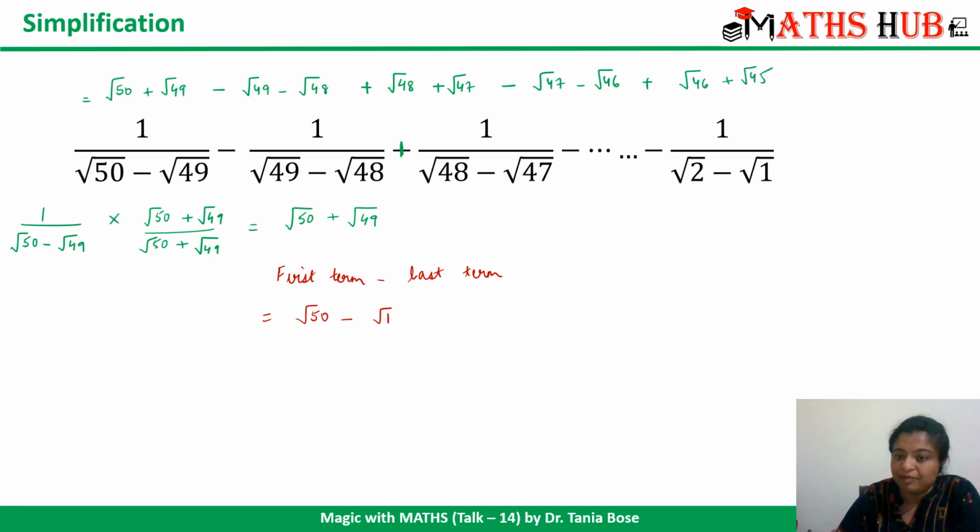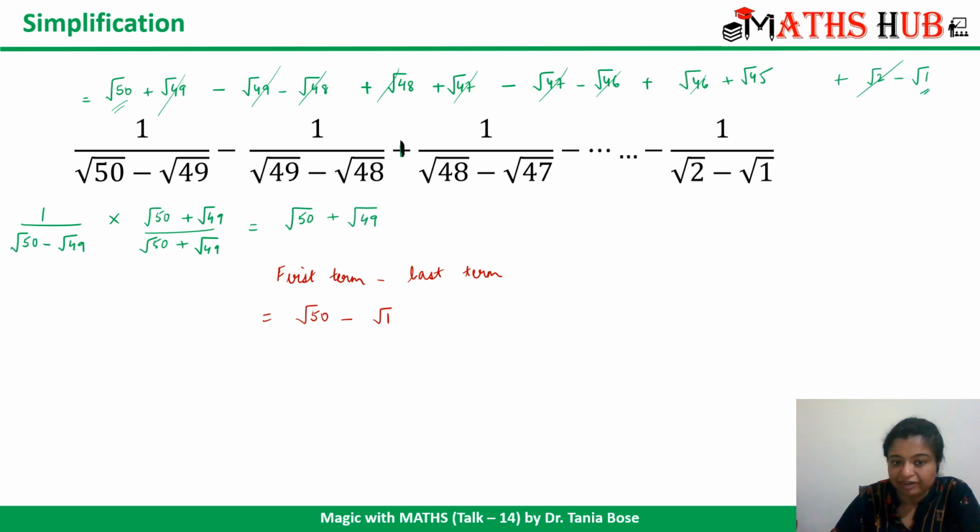Now when you go by this method, what will happen? All these in-between terms will get cancelled, right? And what is left at the end? You will finally find root 2 minus root 1. This will also get cancelled, so you will find the first term and the last. Just pardon me for this mistake here; it is a typographical mistake, and this is a positive sign here.